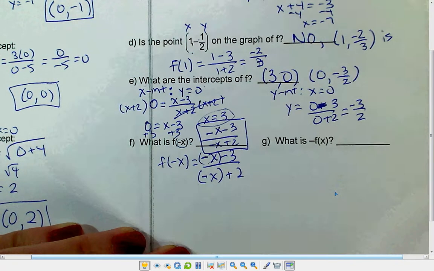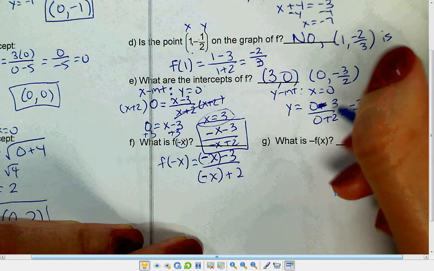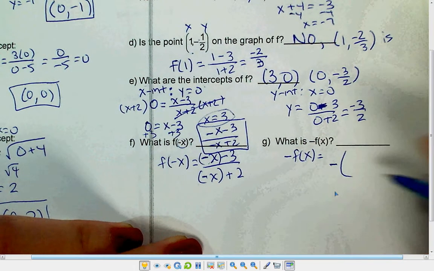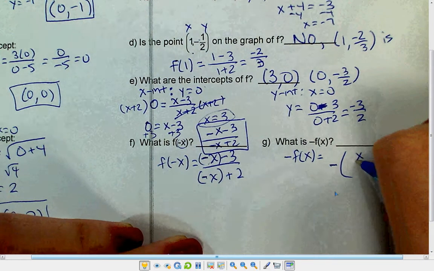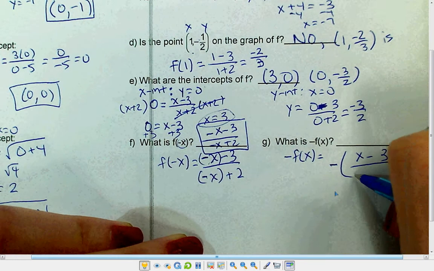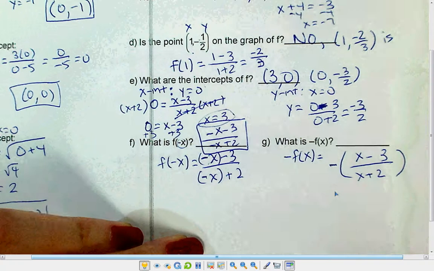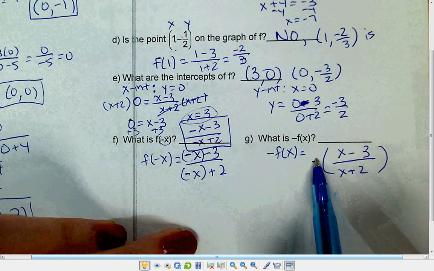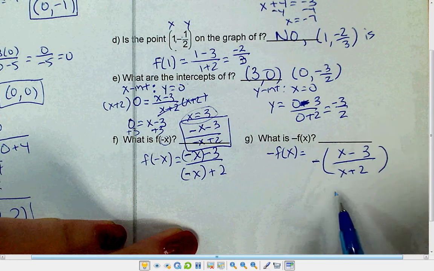There's nothing to simplify. For g, now we're doing negative f of x, so the negative is now on the outside of the entire function. And to distribute this, the negative can only be distributed to one of these.